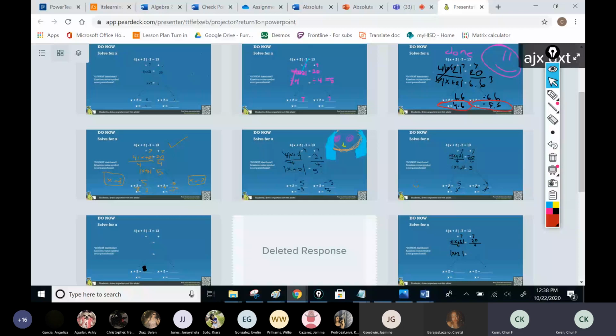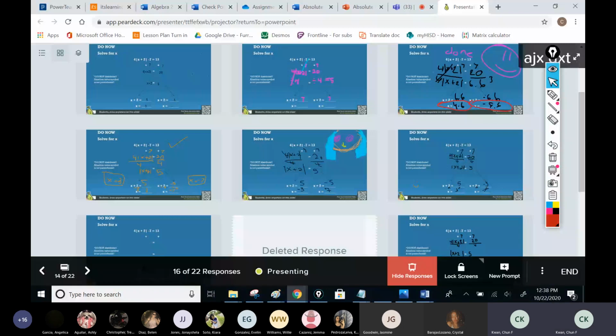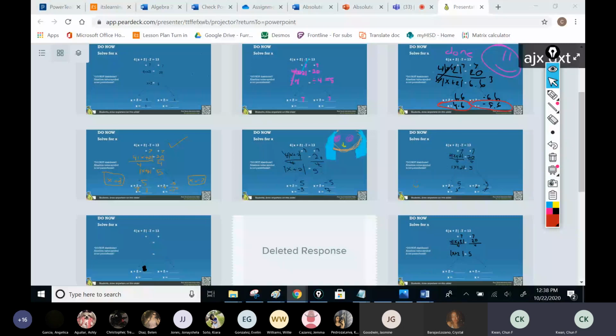There you go. All right, so the pink smiley face, your work is kind of a mess. It's hard to see what is going on.